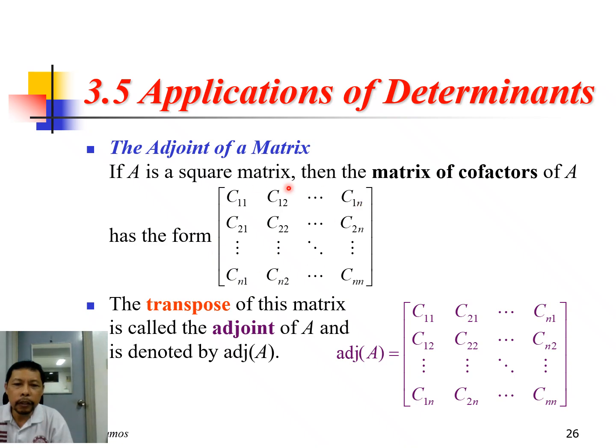So this is the matrix of the cofactors of A. The transpose of this matrix is called the adjoint of A and is denoted by adj A. And the adjoint of A is equal to the transpose of the matrix of the cofactors of A.